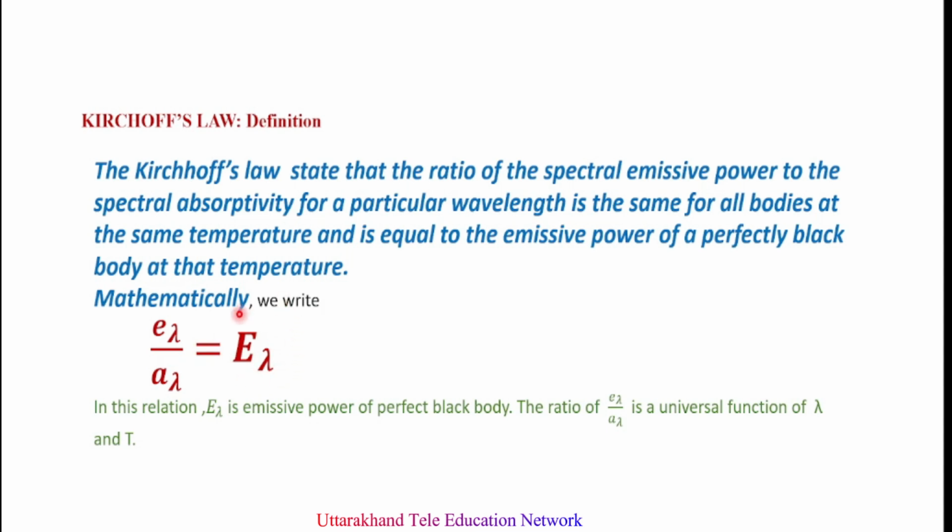So the general meaning of Kirchhoff's law is this: suppose we have two bodies, body A and body B, and we also have one perfect black body. If all bodies are at the same temperature T, then the ratio of emissivity and absorptivity of body 1 should be equal to the ratio of emissivity and absorptivity of body 2, and these are all equal to the emissive power of a perfect black body.